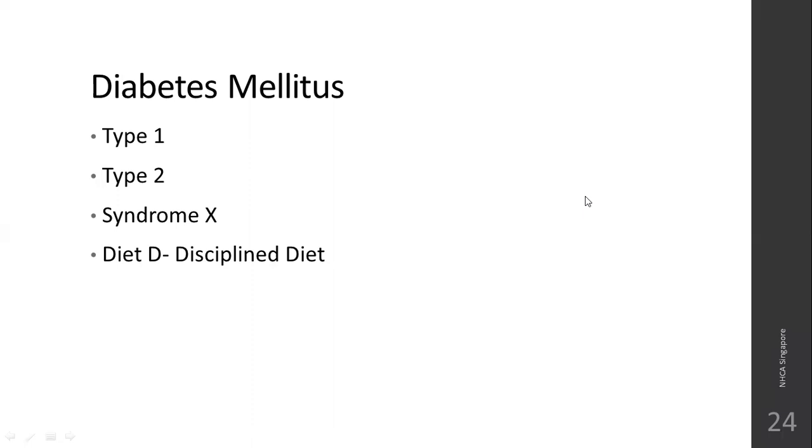A high fiber, low fat diet with complex carbohydrates and adequate carbohydrates and protein is what a disciplined diet stands for. It is in general good for everyone, not just diabetes patients. For everyone, a disciplined diet is good, but it will benefit diabetic patients more.